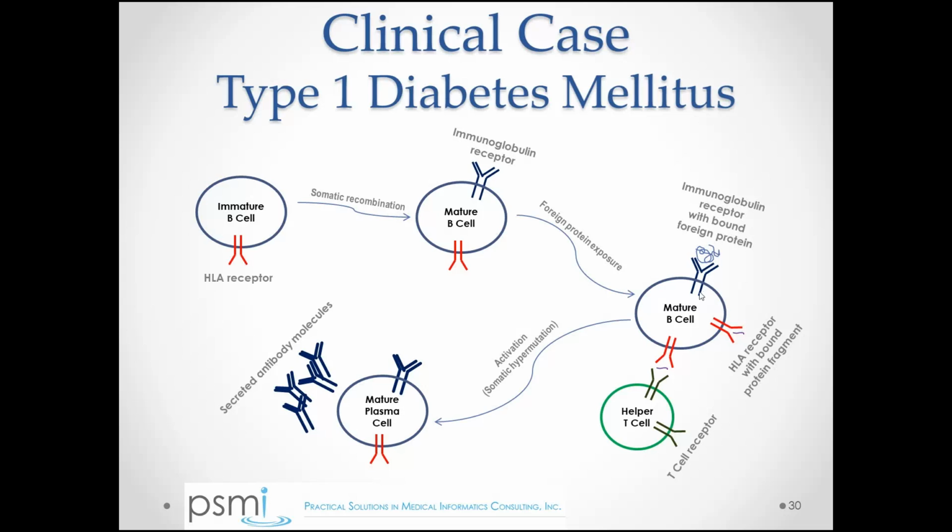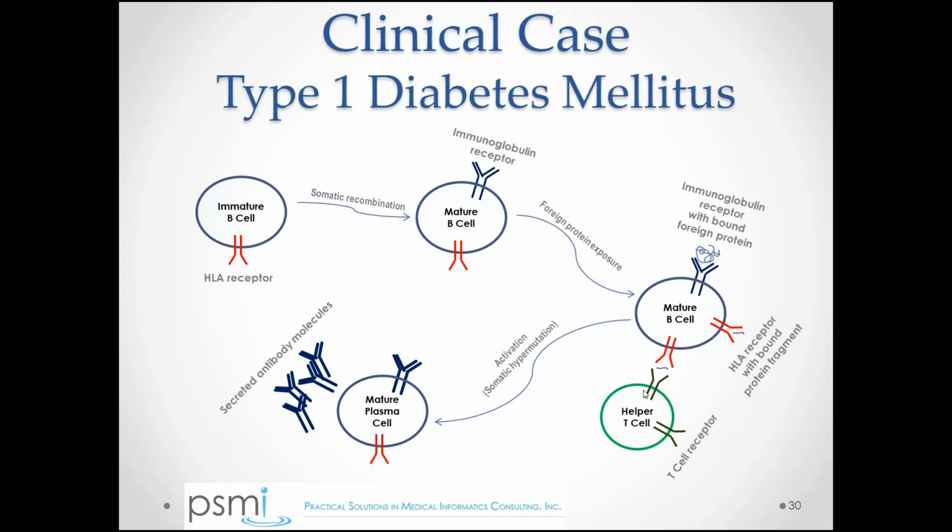The foreign protein is internalized into the cell and chopped up into fragments, and then various fragments of that protein are exposed on the cell surface in the context of the HLA receptor. When the mature B cell presents the peptide, or the bound protein fragment, that can then attract helper T cells.